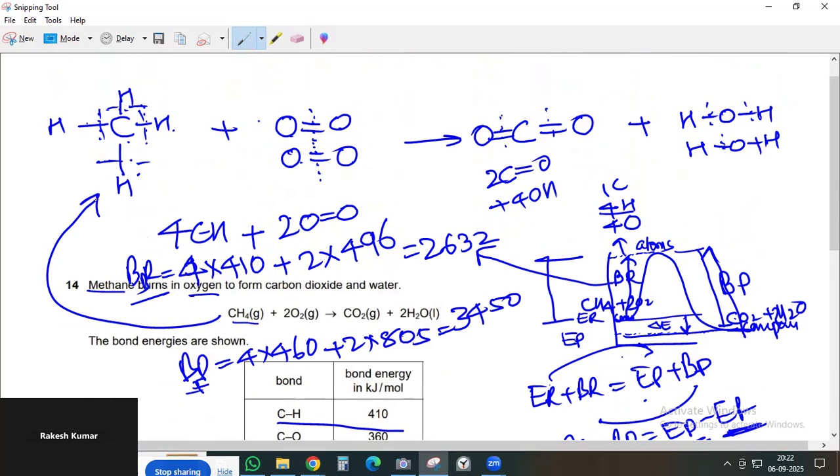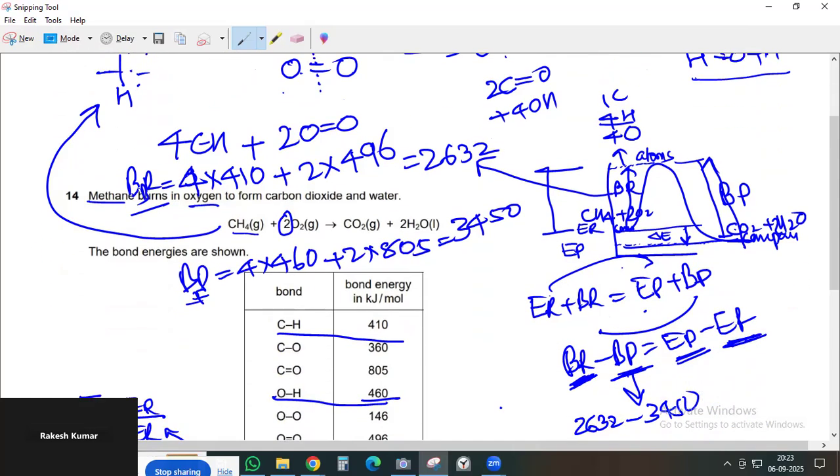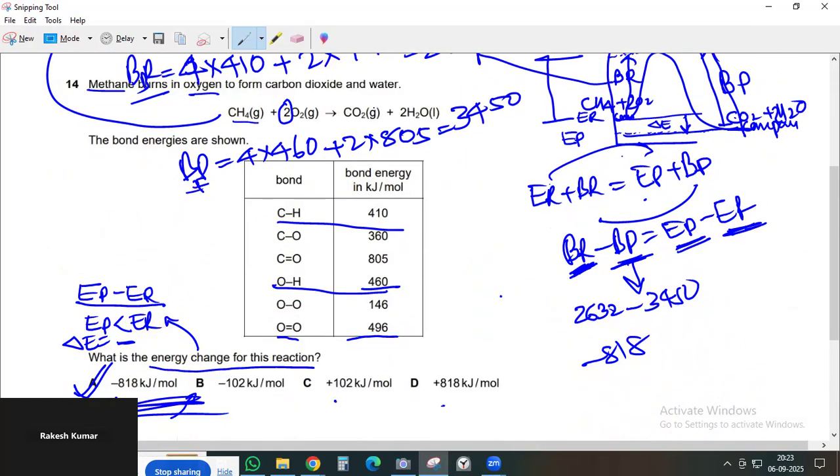And instead of writing 2H2O, make two separate molecules. Then count the bonds you have to form and count the bonds you have to break. Break here, form here. And then do it carefully so that you don't make a mistake. Understood?